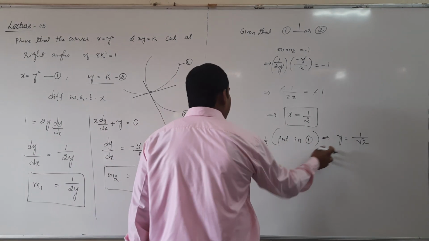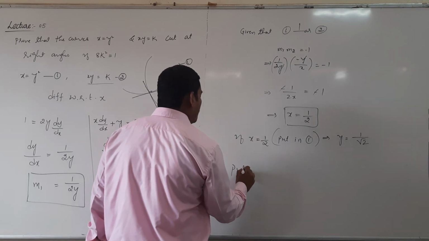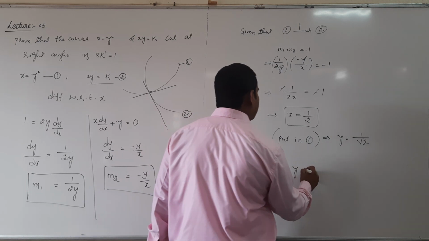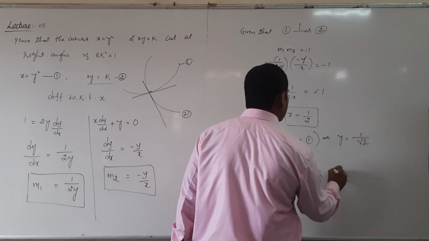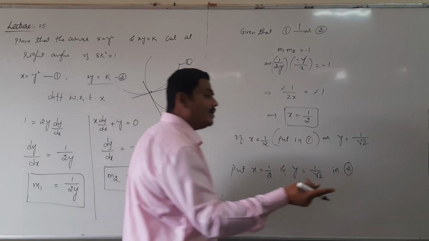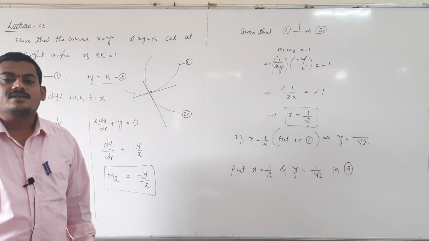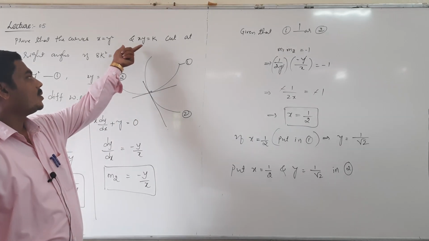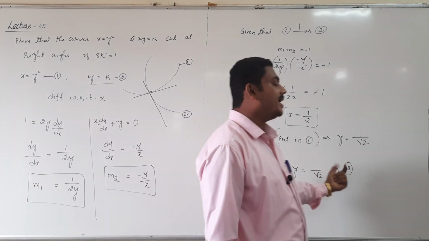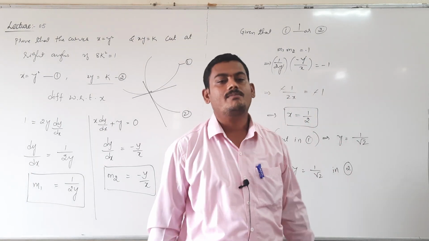After getting x value and y value, put x equal to 1 by 2 and y equal to 1 divided by root 2 in equation number 2, because our required proof should be in terms of k. For that reason, put x value and y value in equation number 2.